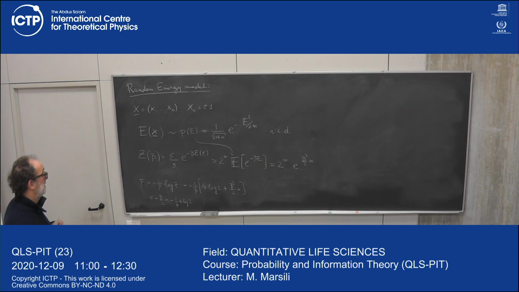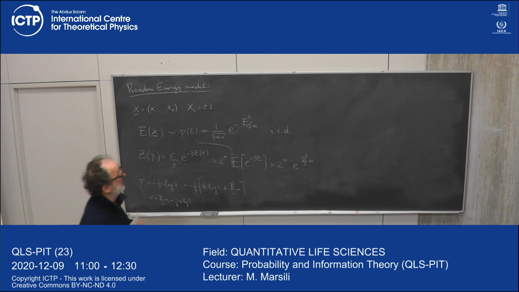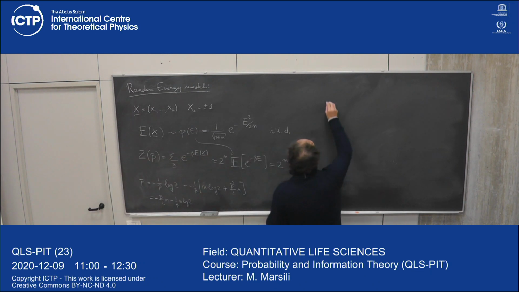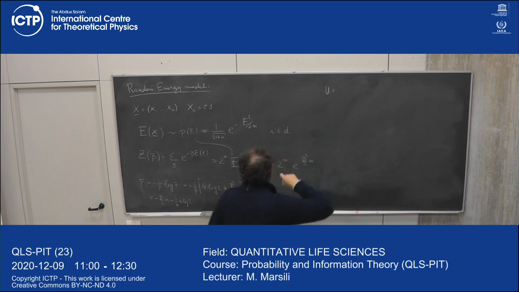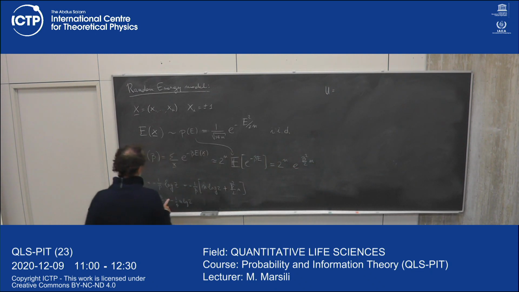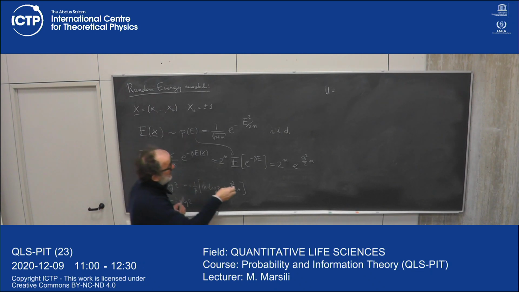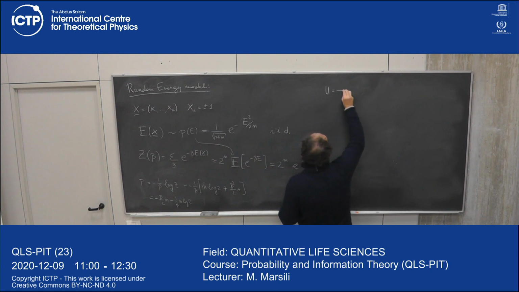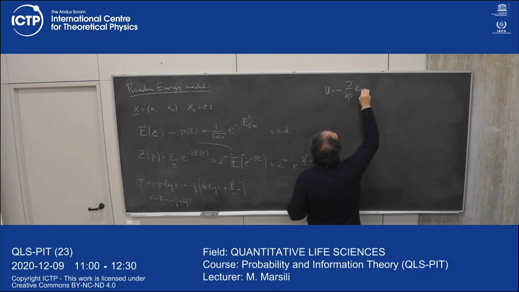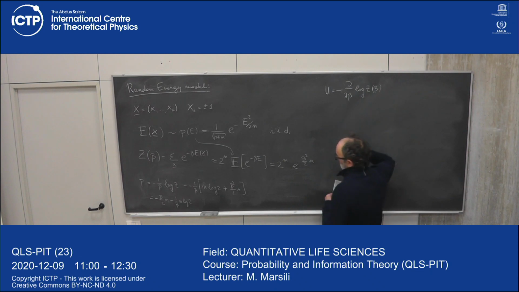Now let us compute the energy. So what is the internal energy? The internal energy is always computed easily by taking minus a derivative with respect to beta of the log of Z of beta.